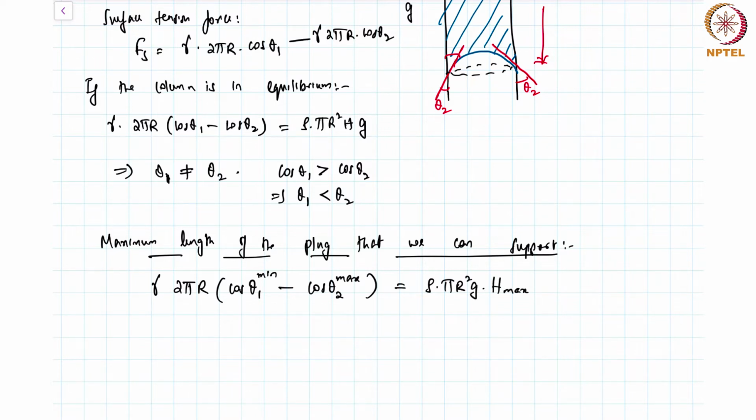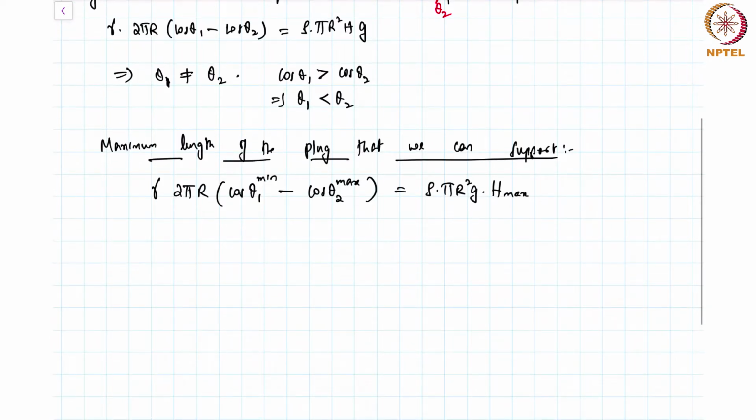If I want to maximize the amount of liquid in this plug, I have to make the difference between cosine of theta 1 and cosine of theta 2 larger. One way to do that is to make the difference between theta 1 and theta 2 larger. So I make theta 1 as small as I can and theta 2 as large as I can.